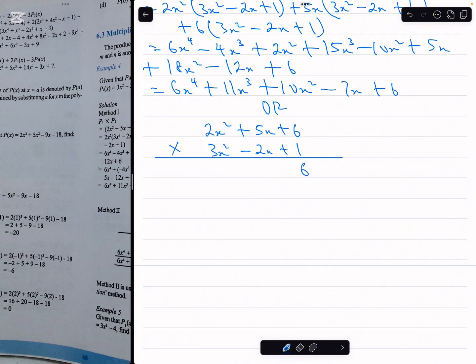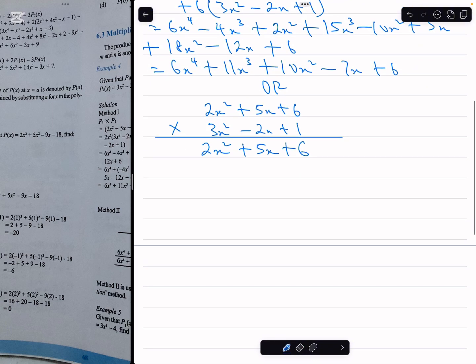1 times 6 is 6. 1 times 5x is 5x. That's plus 5x. 1 times 2x squared is 2x squared, that's plus 2x squared. And now we go to minus 2x times 6.